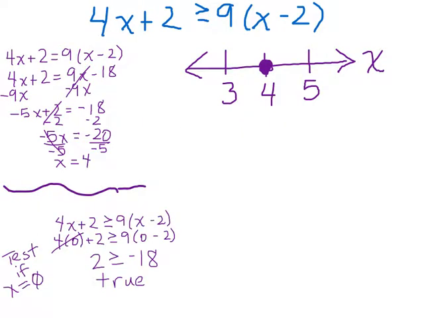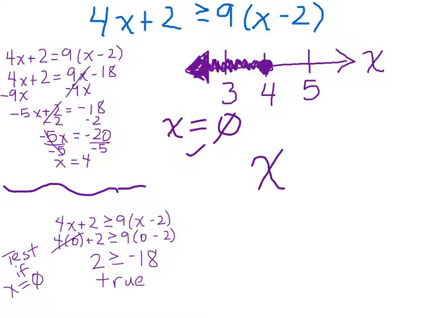As a true statement, it tells me the side over here that contains 0 is part of my solution set. x can be equal to 0 because it makes a true statement, as my test point checked. That means all of the values on this side of the number line that contain 0, that is my solution set. So I just completed step 4, which is graphing the solution set on my number line. Step 5, the final inequality.